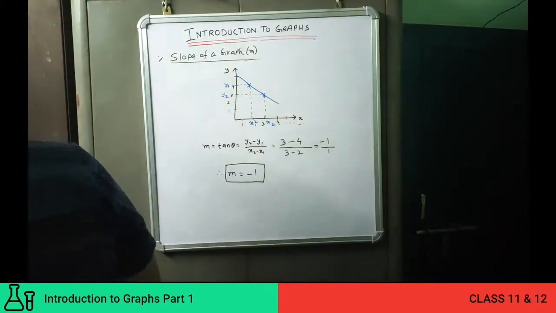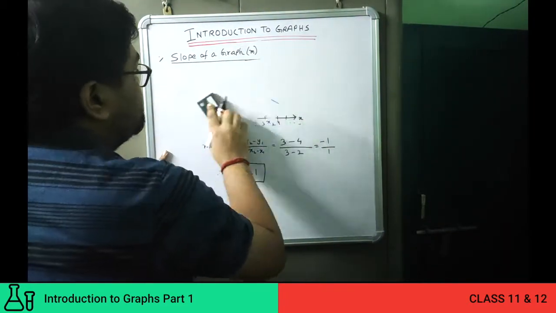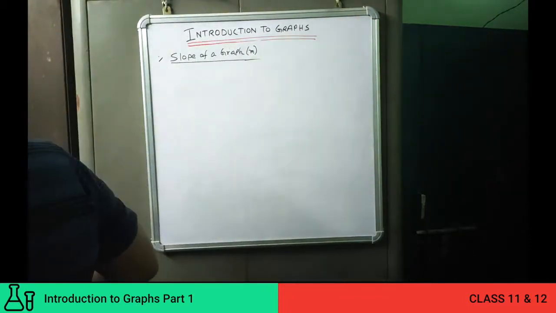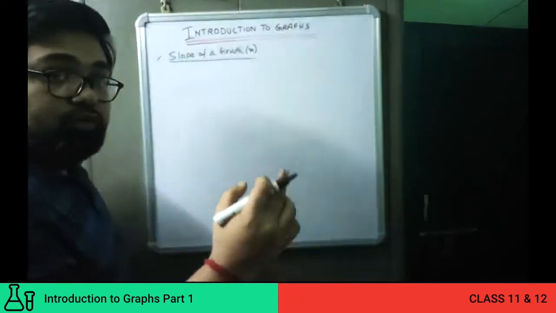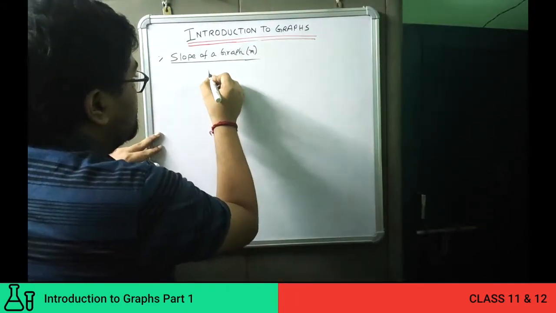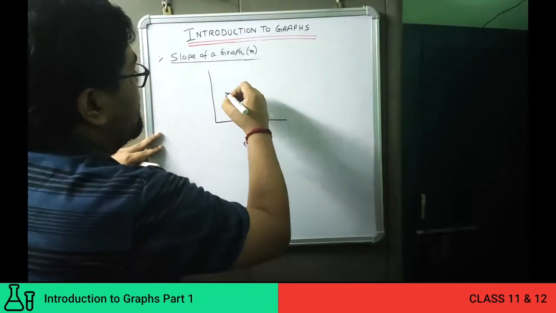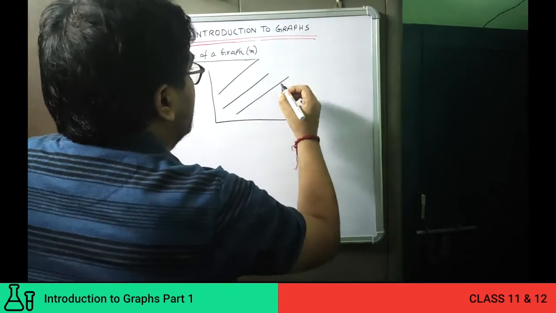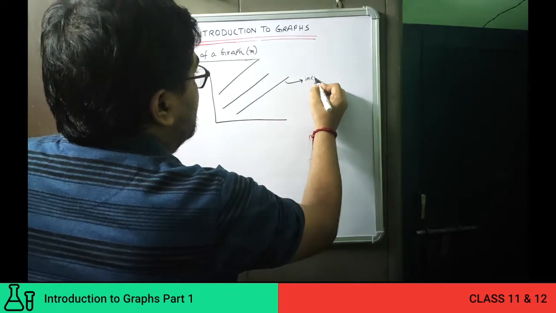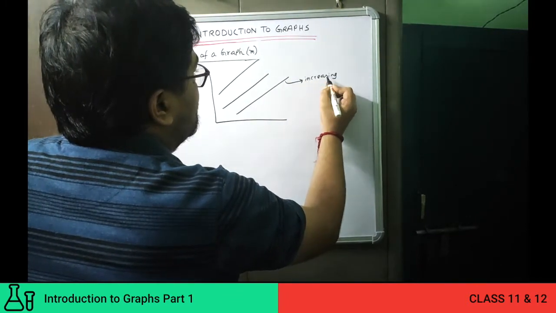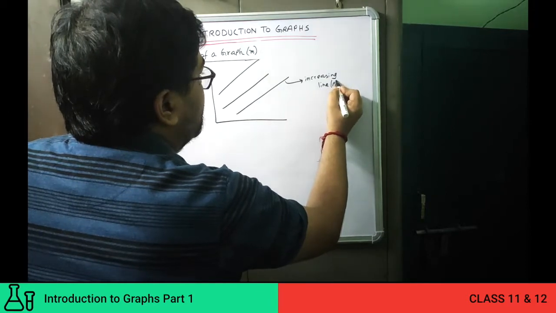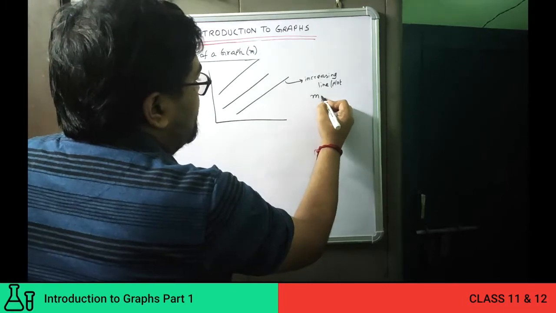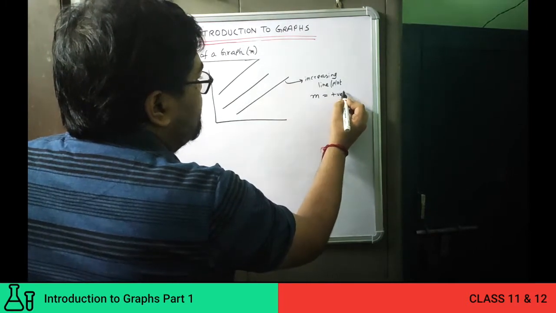Now, I am giving you a small trick about how to find out whether slope is positive or negative. In an axis, if you see the line is like this, that is, it is an increasing graph, increasing line or plot, for this increasing plot, the slope will always be positive in nature.